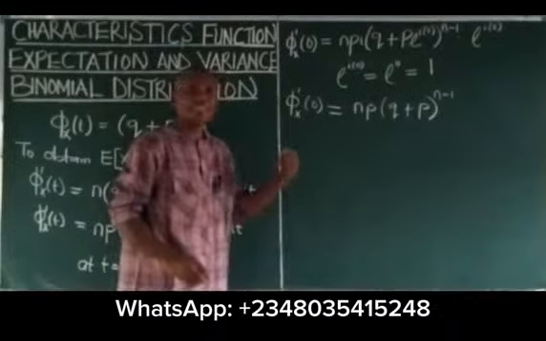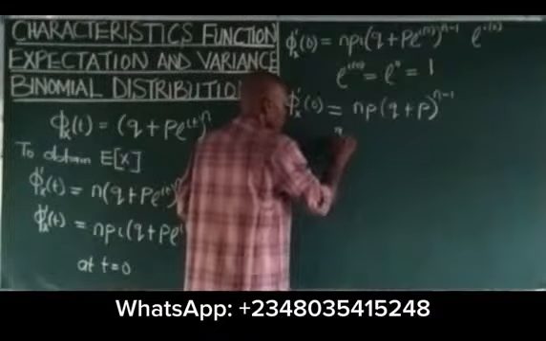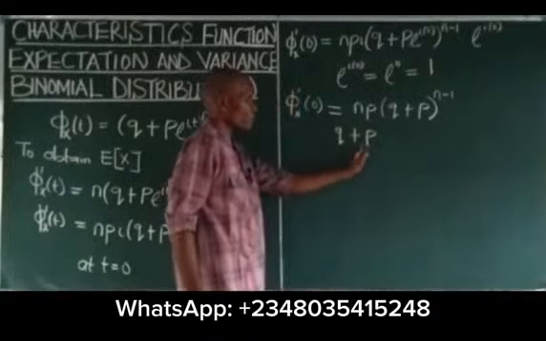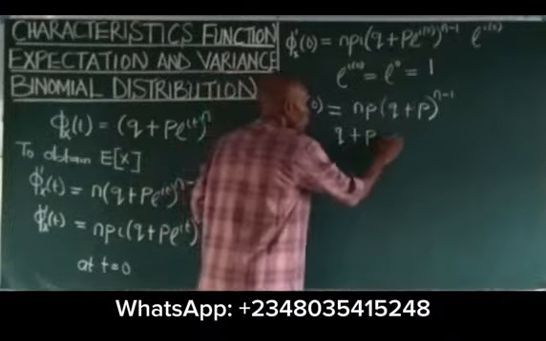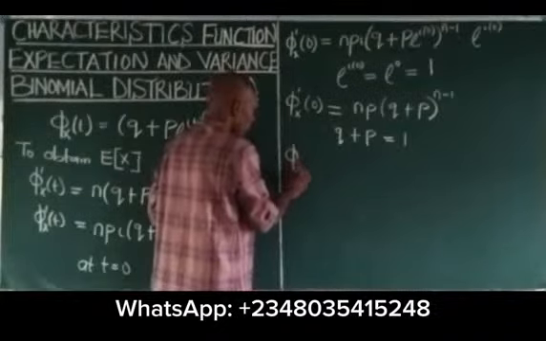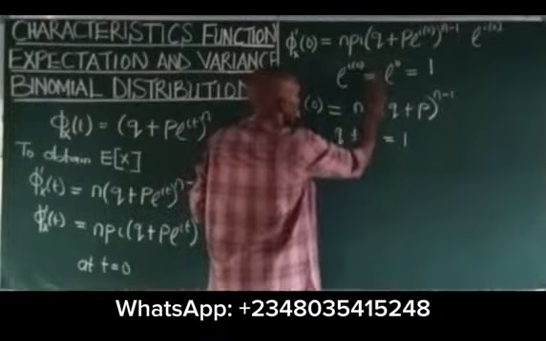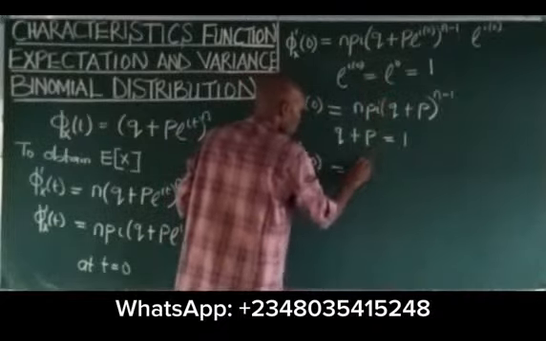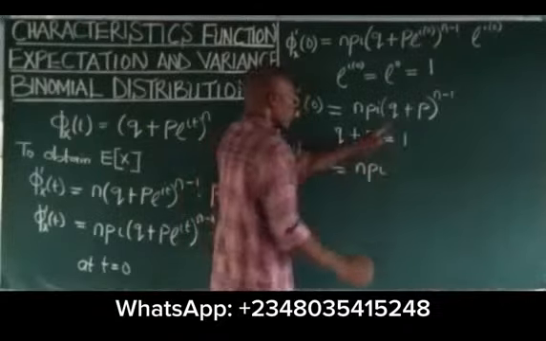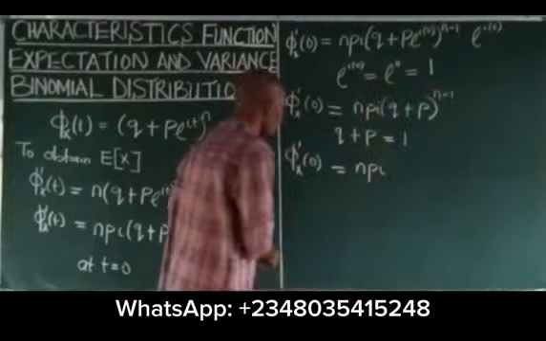Also, from probability distribution, we have that q plus p, that means the probability of failure plus success, is equal to 1. So it then means that the first derivative at 0 is equal to n p i, since 1 raised to the power of anything is the same thing as 1.